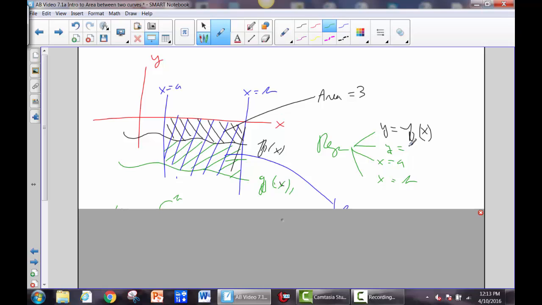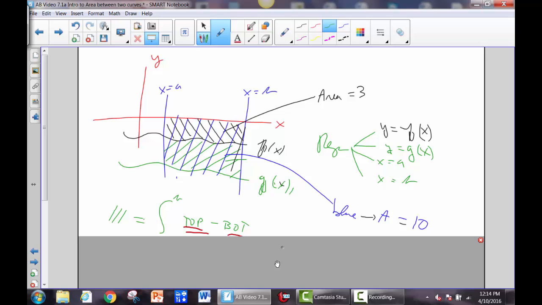All right, so what happens now is if you look at the graph, we're looking for the area bounded by this black curve and this green curve, which would be the green.